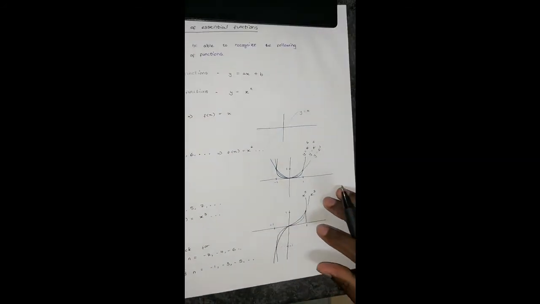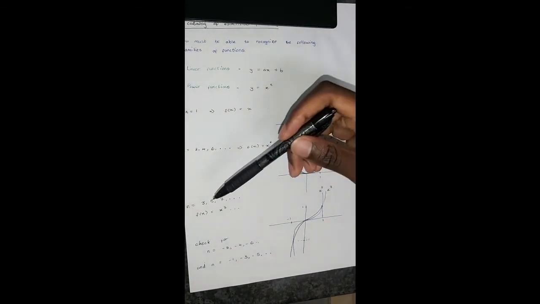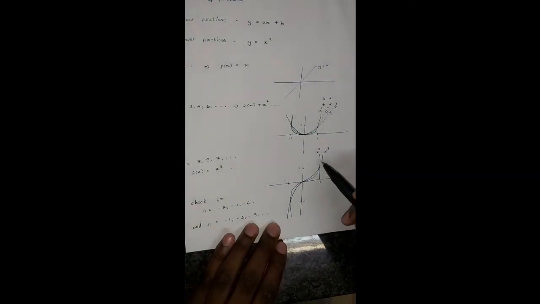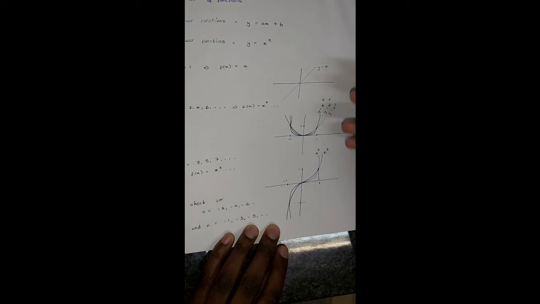Okay, moving on to when our n is an odd number, so that is starting from 3, 5, 7, 9, and so forth. Now you're going to have something like f of x equals x cubed, and then you have this sort of graph. So x cubed, we know that one is this one, and then x to the 5 is again almost the same situation for your even and your odd.